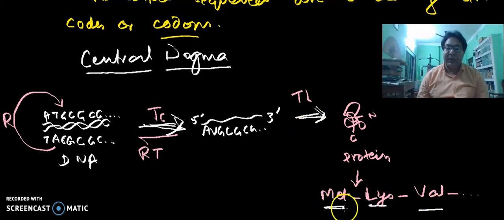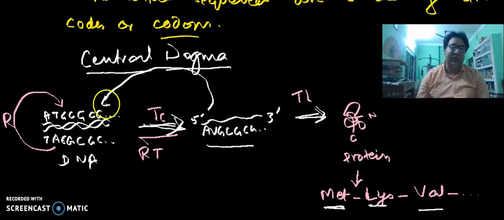So each of the amino acids must have its counterpart in the mRNA, and each of the sequences in the mRNA must have its counterpart in the DNA. Then only it is possible to transfer the information from DNA to RNA to protein.